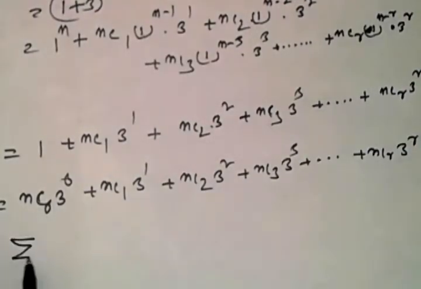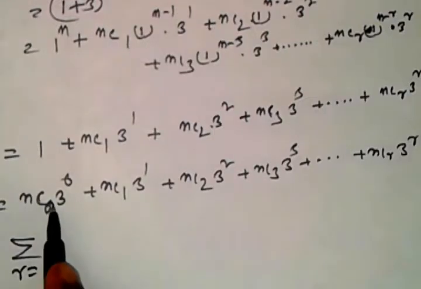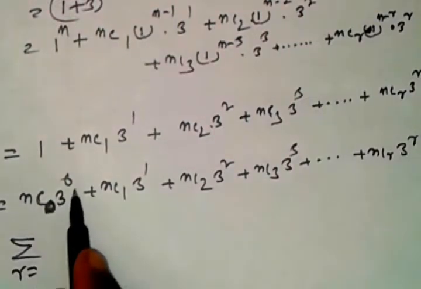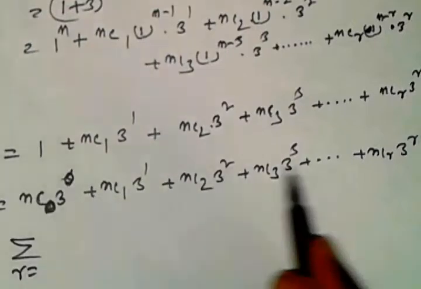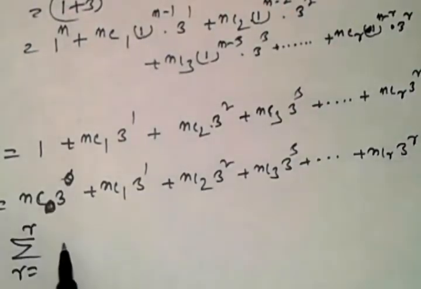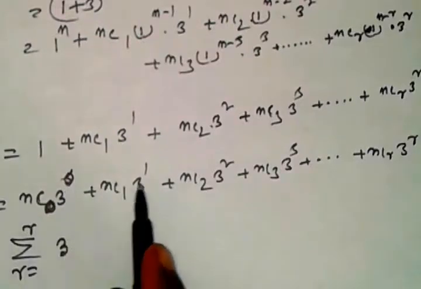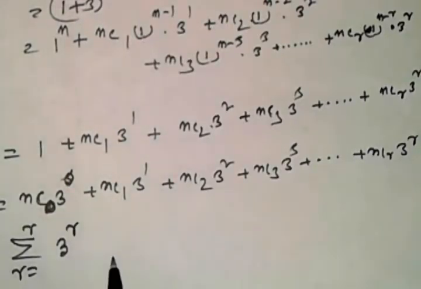You can write it as the sum of nCr 3 to the power r, with r going from 0 to n, that is 3 to the power 0, 3 to the power 1, 3 to the power 2, 3 to the power 3, up to 3 to the power r. Here nC0, nC1, nC2, nC3, that is r equals 0, 1, 2, 3, and this is the LHS.